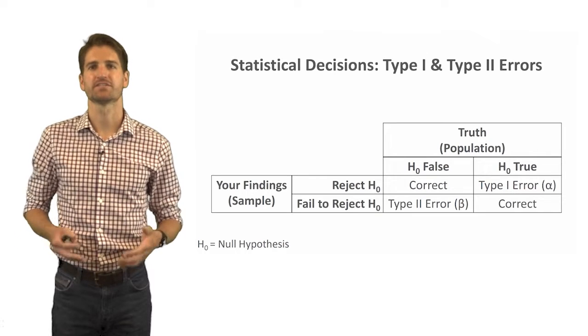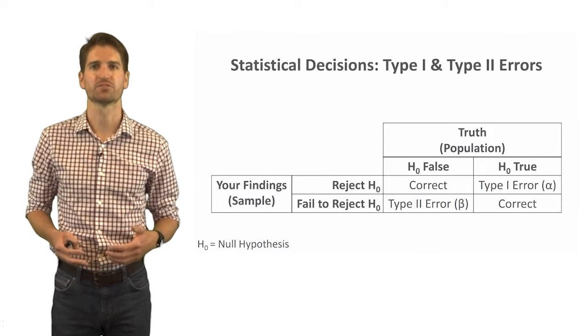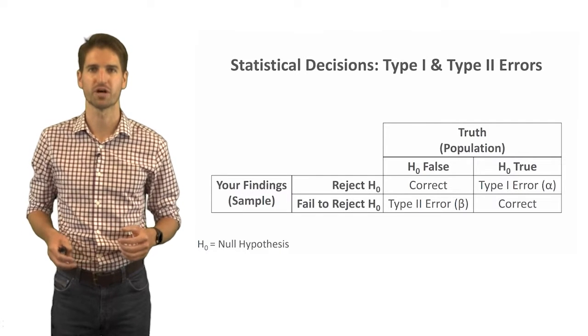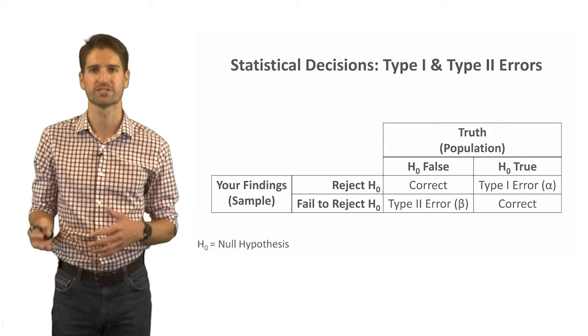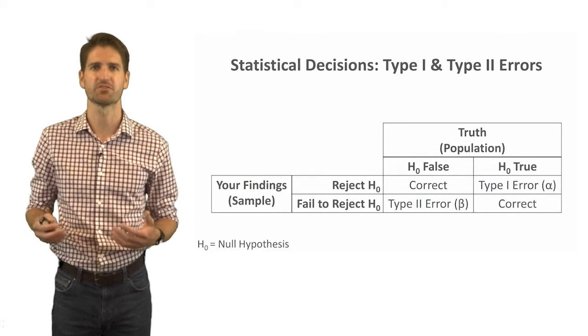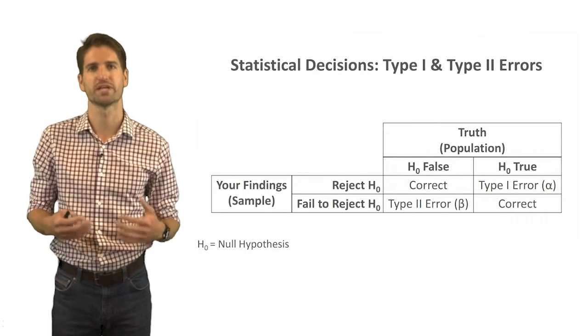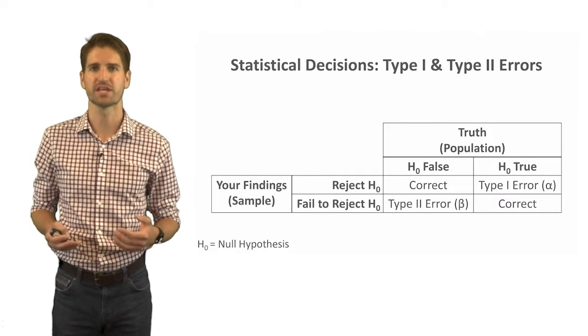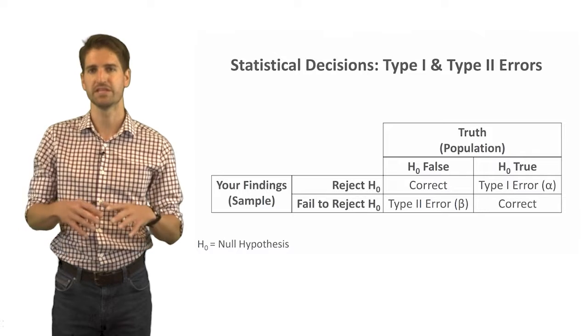To understand type 1 and type 2 errors, it's helpful to look at this table here that's presented. And in particular, I'll point out 4 different quadrants that are important for understanding what a type 1 error is versus a type 2 error. And this is really centered around this idea of making correct or incorrect statistical decisions. And so if you notice at the top of the table, there's the truth in the population.